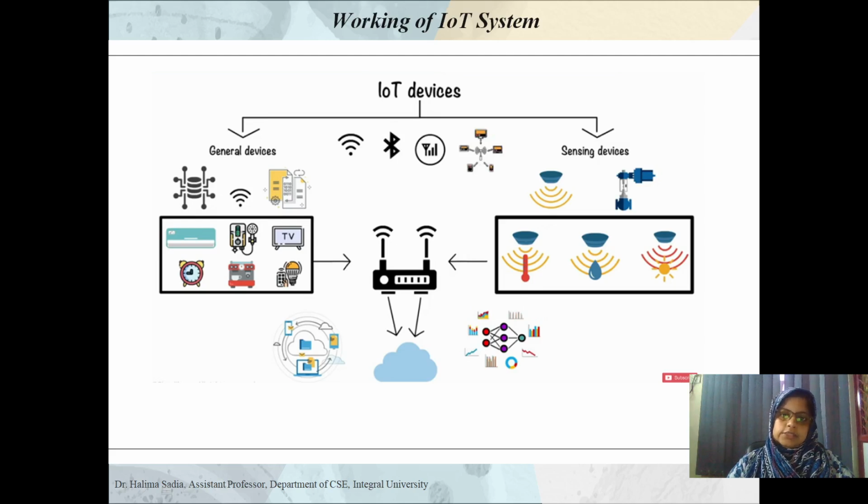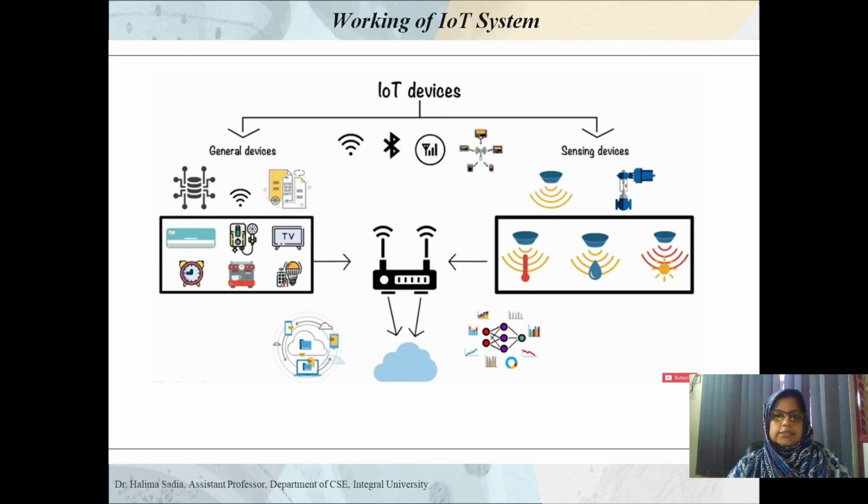Now, what happens is that we have gateways. These gateways are basically IoT devices that are connected to the network via these gateways. These gateways or processing units process the data collected from the sensors and transfer it to the cloud.